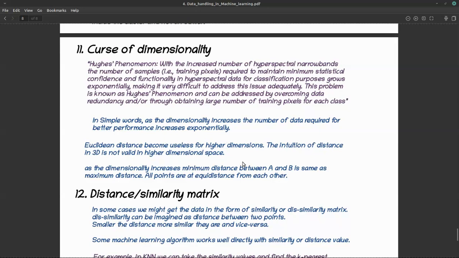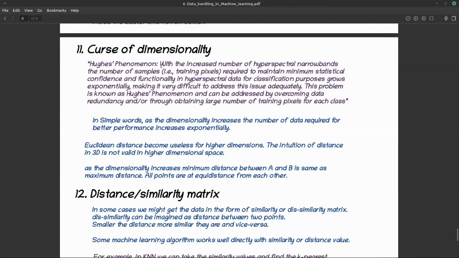As the dimension increases, the number of data points that you need to perform at that same level increases exponentially. So as you increase dimension linearly, one plus one plus one plus one, the required data increases exponentially, right? This is the huge phenomenon.